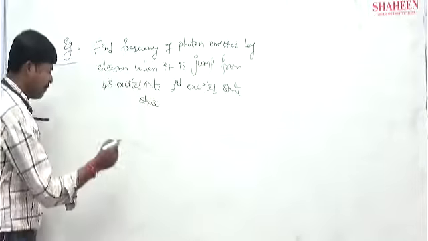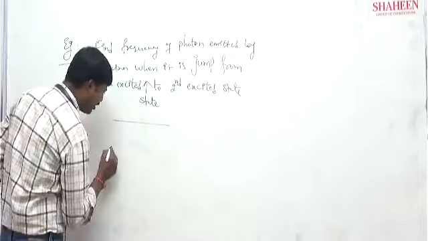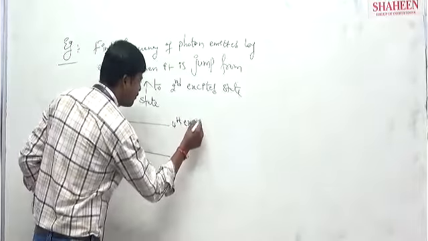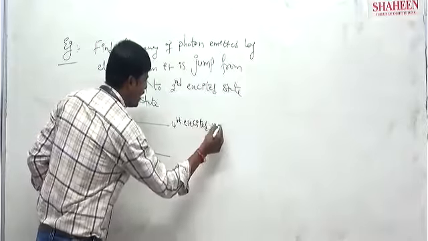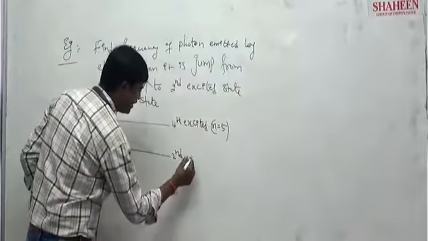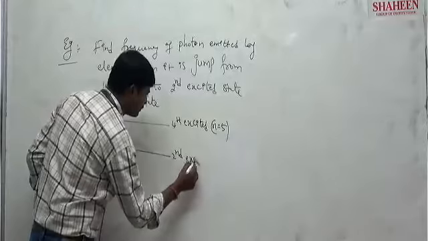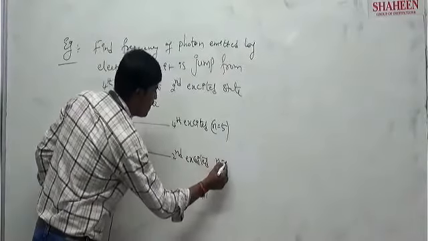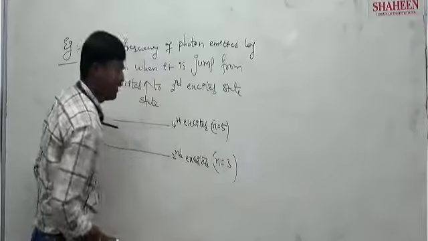So it is making a transition from fourth excited state, nothing but n equal to 5, to second excited state, nothing but n equal to 3, right?